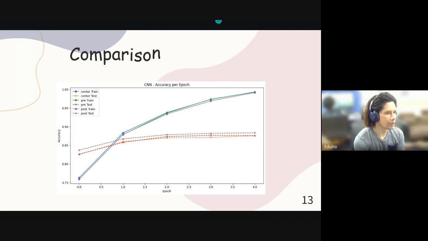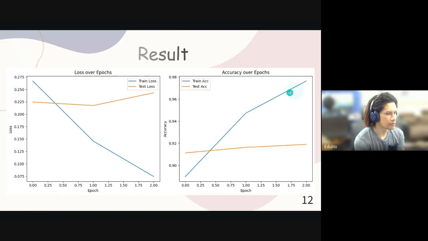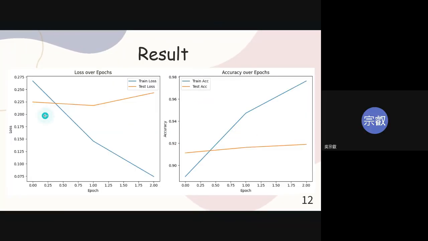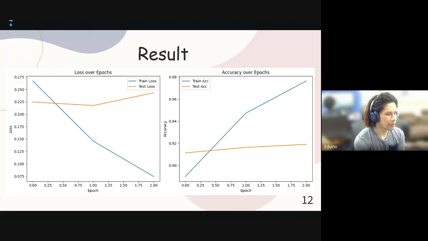So it's starting to overfit. After the first epoch, after 0.0, the train has a higher accuracy than the test, meaning that it's starting to overfit after the first epoch.